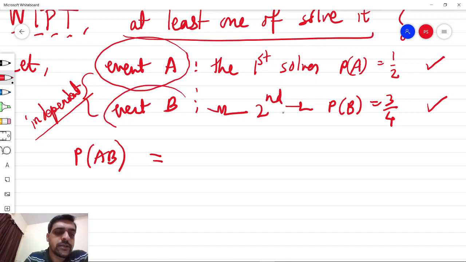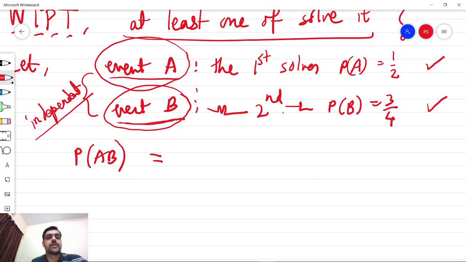If student B solves it, then he is going to solve it. If he is not able to solve it, then the problem will not be solved. So it doesn't matter whether the event A happens or not, it does not have any effect on the happening of event B. So both of these events are independent.